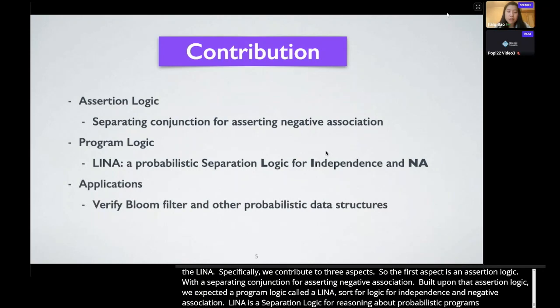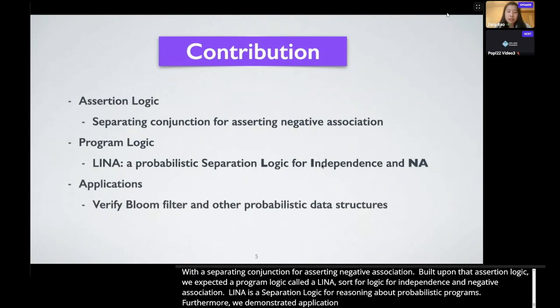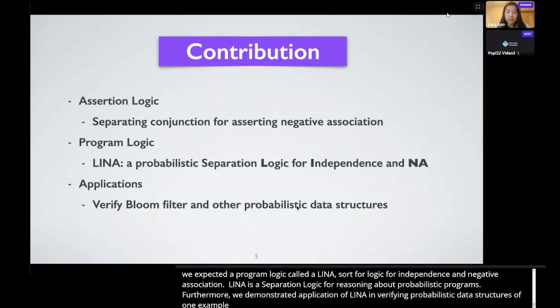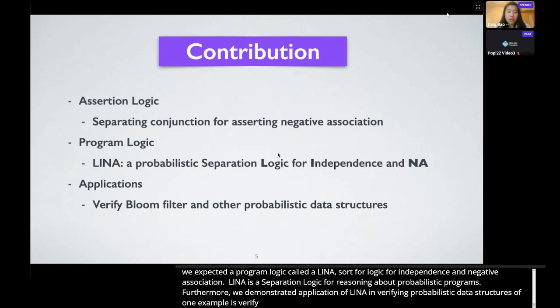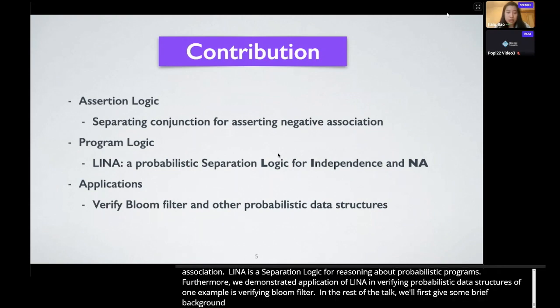Furthermore, we demonstrate applications of LINA in verifying various probabilistic data structures. One of the examples is verifying Bloom filters. In the rest of the talk, we'll first give some brief background on separation logic. Then we'll go through our contributions in each aspect one by one.